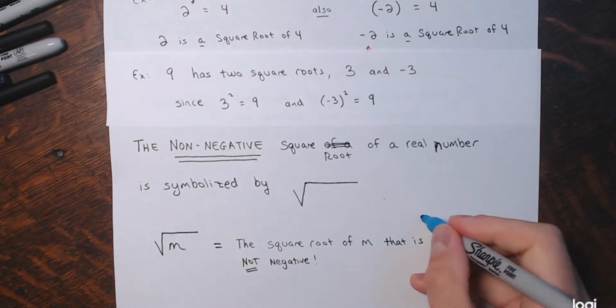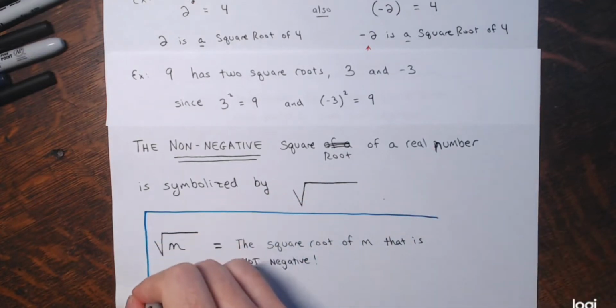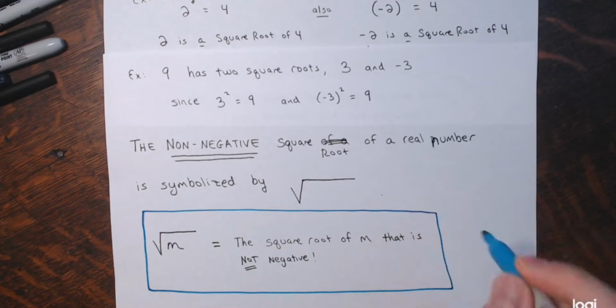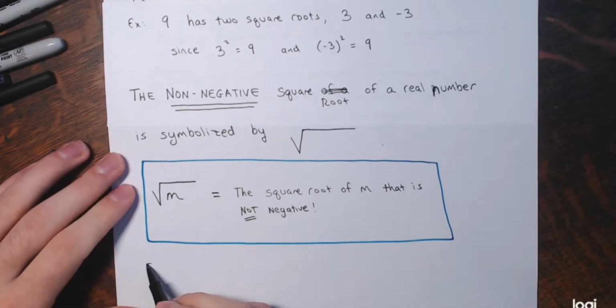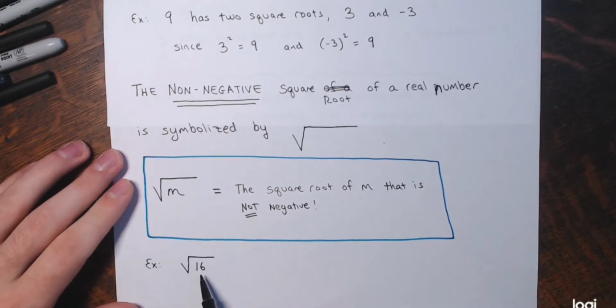This is very important, because too often I'll see a mistake made. If I said, what's the square root of 16? Too often I'll see people make the mistake of saying plus or minus 4.